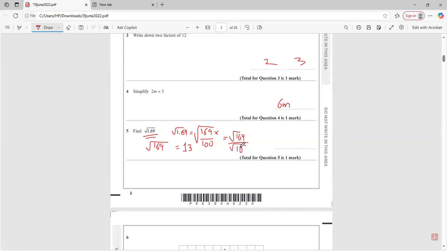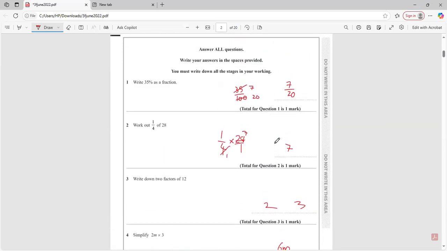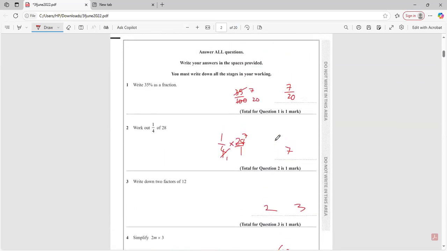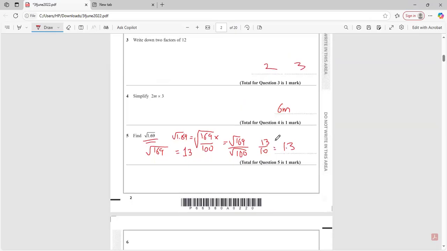And we already know that the square root of 100 is what? 10. And the square root of 169 is 13. So 13 divided by 10 is 1.3. I guess you can do this with a calculator, but if you were in a situation where you didn't have a calculator, this is how best you could go about it. But now that they're saying show your working, write down all the stages in your working, I think this is good for you to know anyway.